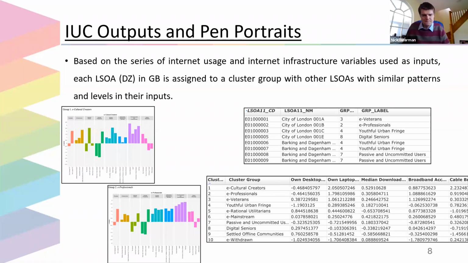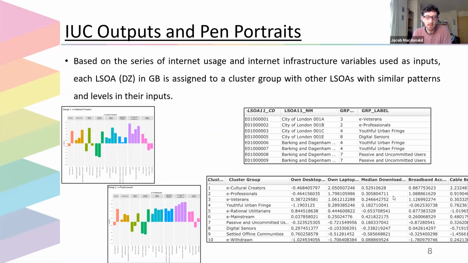Within these 10 cluster groups, we can look at the mean value of all of the input variables. Here we just have an example of 4 or 5, but we have a table going across of all of the different input variables representing internet infrastructure and internet use.